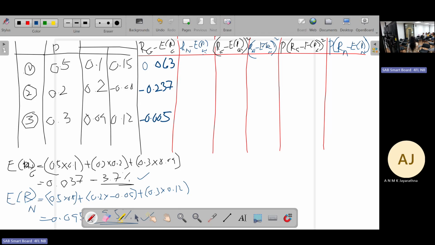Correct? 0.09 minus 0.037, next. Okay. What's the answer there? 0.053.